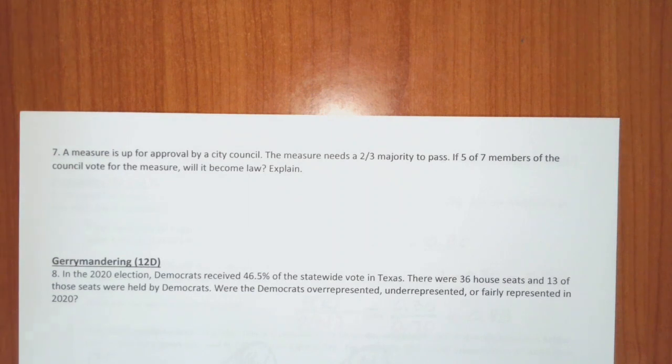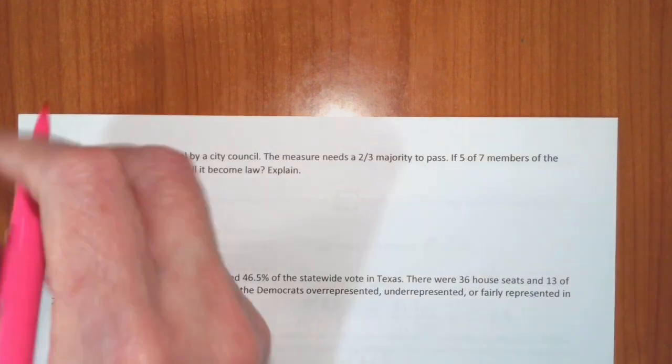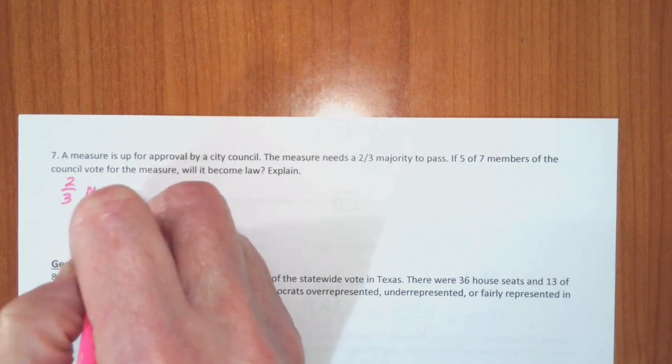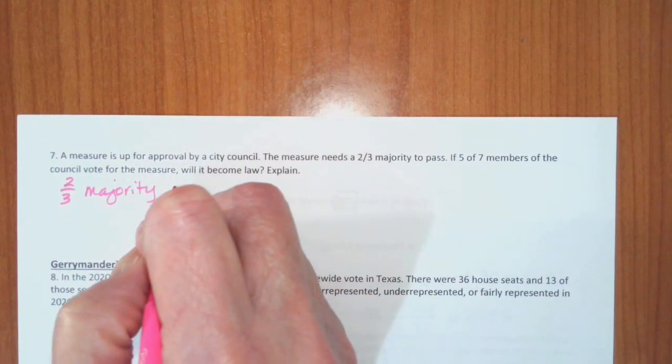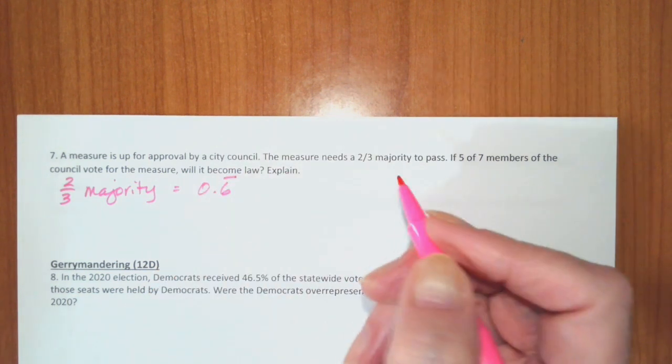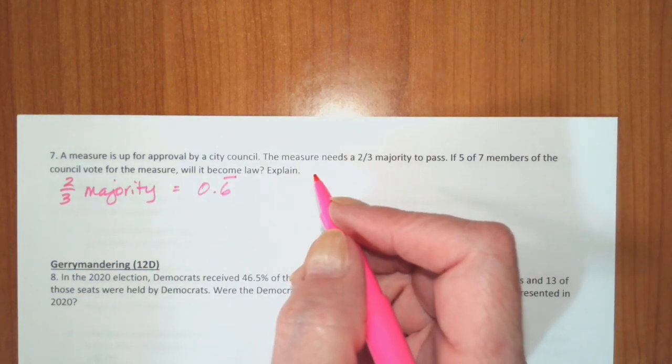Okay. Well, we need a 2/3 majority, which, if I do the division, is 0.6 repeating. So it has to be more than that.